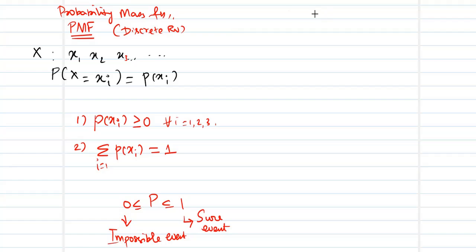Now coming to the second part, which is the probability density function, which is your PDF. And this PDF is defined for a continuous random variable.